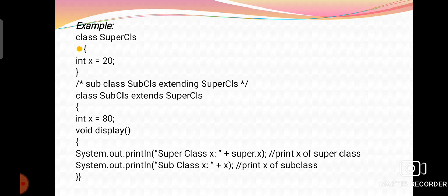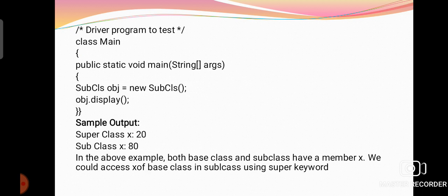In that case this x means the x variable available under the subclass, and the value of x is 80. So when we call the method display, we get the output: superclass x value 20, subclass x value 80. So we have to mention the parent class variable along with the keyword super.